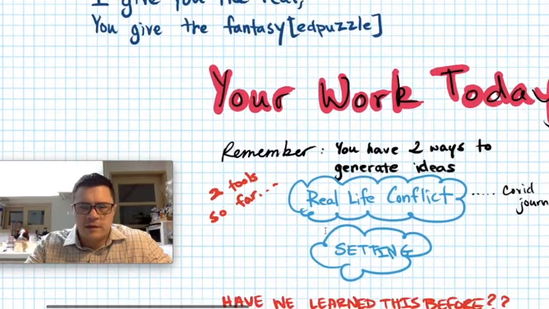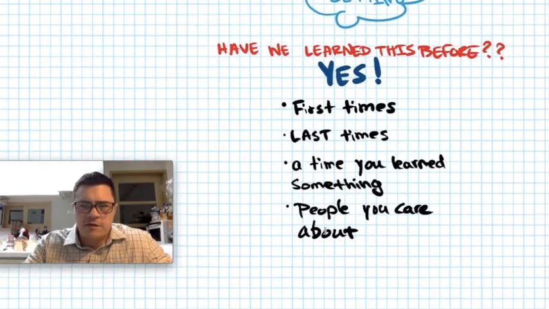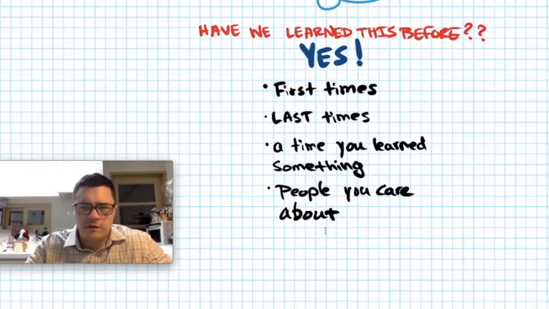Now, you might be asking yourself, have we learned this before? Right? Have we done this before? The answer is yes. Okay, during our personal narrative unit, you guys went through many days of generating ideas.